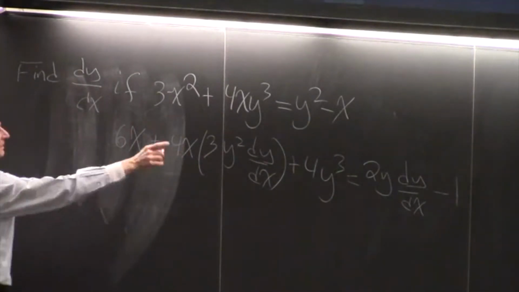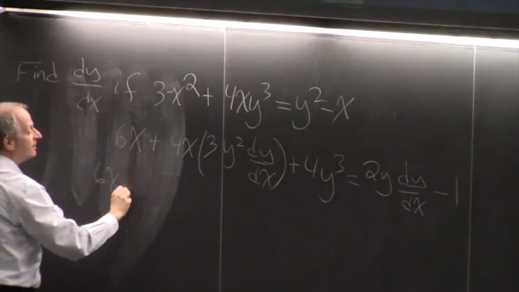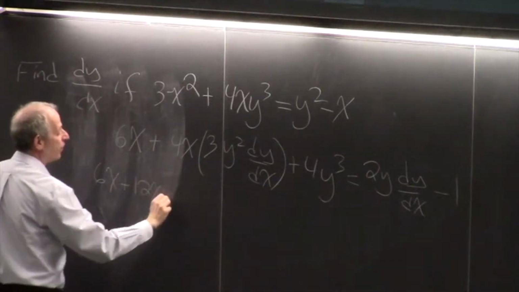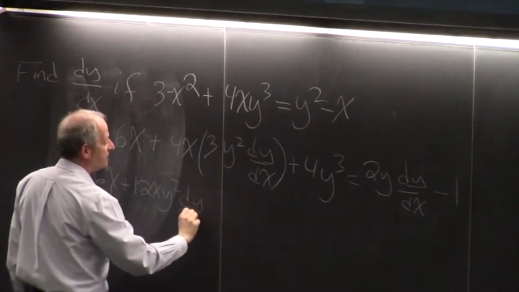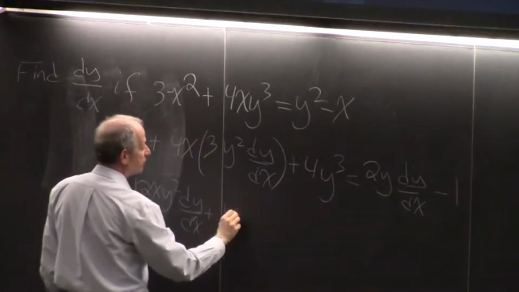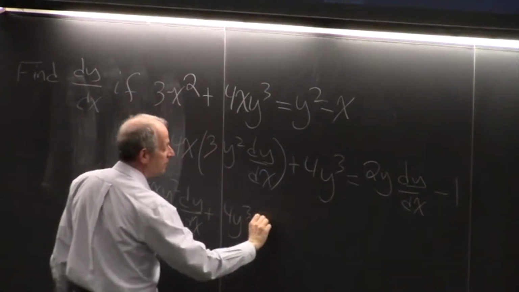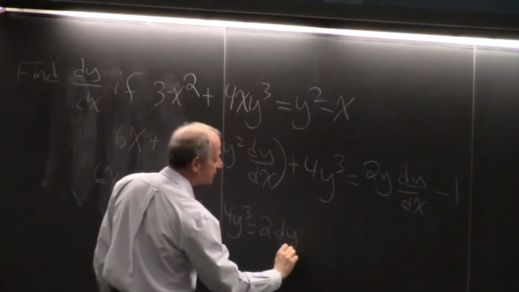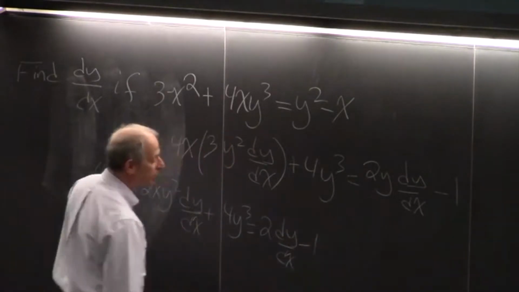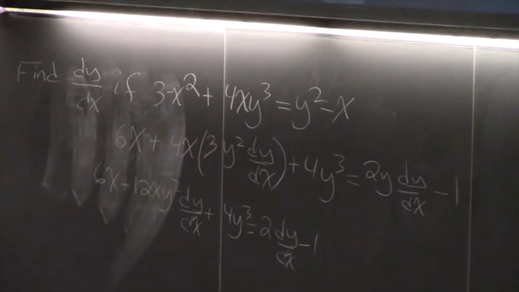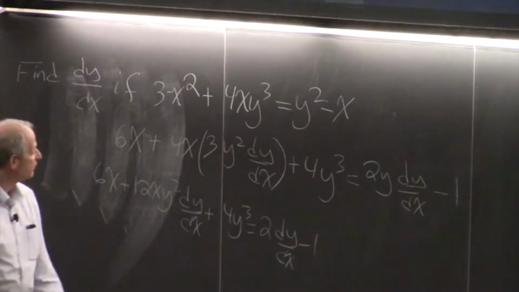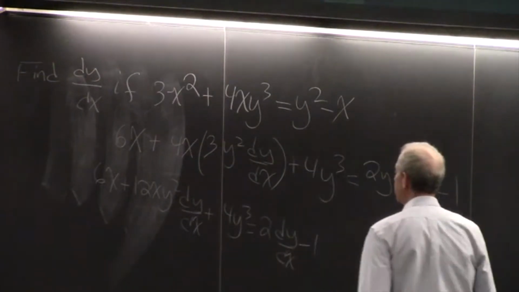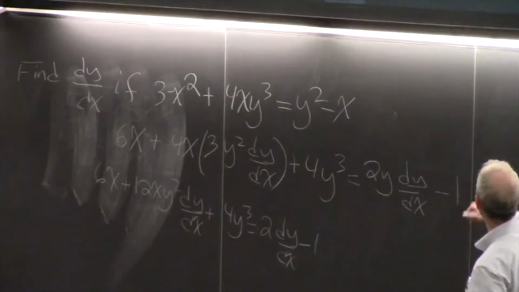All right, let's simplify this. We got 6x plus 12xy squared dy dx plus 4y cubed equals 2y dy dx minus 1. And remember what we do. Everything with dy dx goes on one side, and everything without dy dx goes on the other side. So let's put all the dy dx's on the left side.